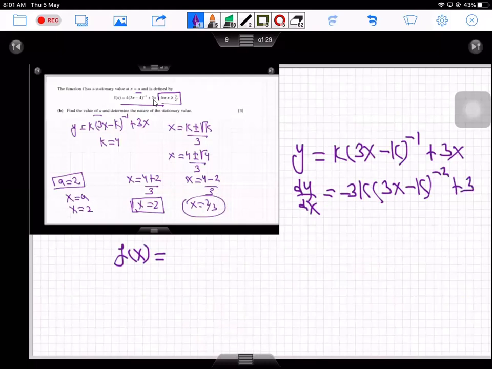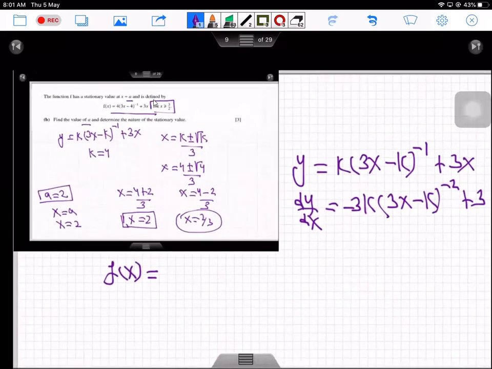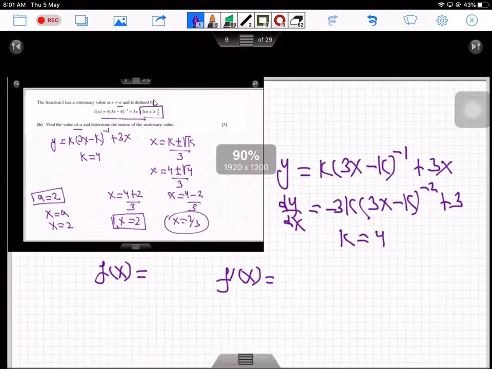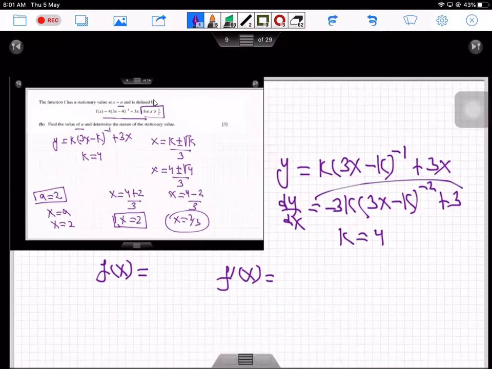So in part B, as we can see, k is taken equal to 4. Now I'm talking in terms of f(x). The equation of the curve is f(x). So the f dash x function, we will just substitute k equals 4 into this dy over dx function, the gradient function.